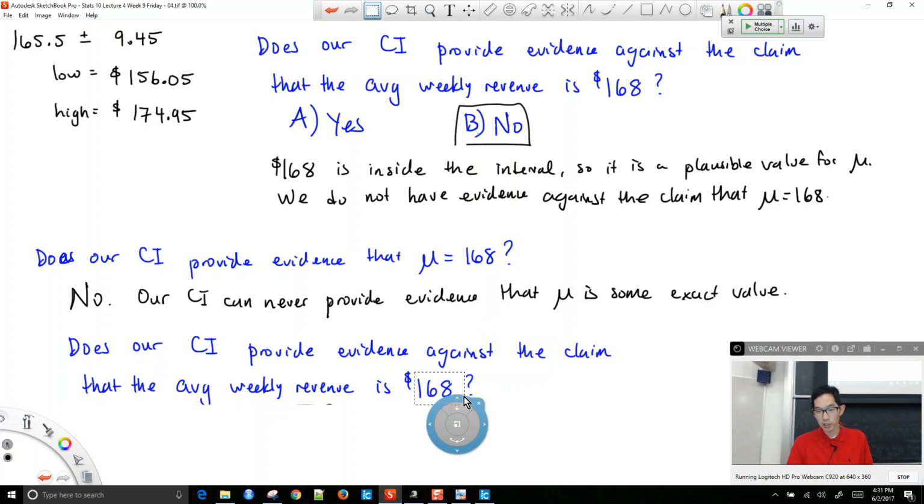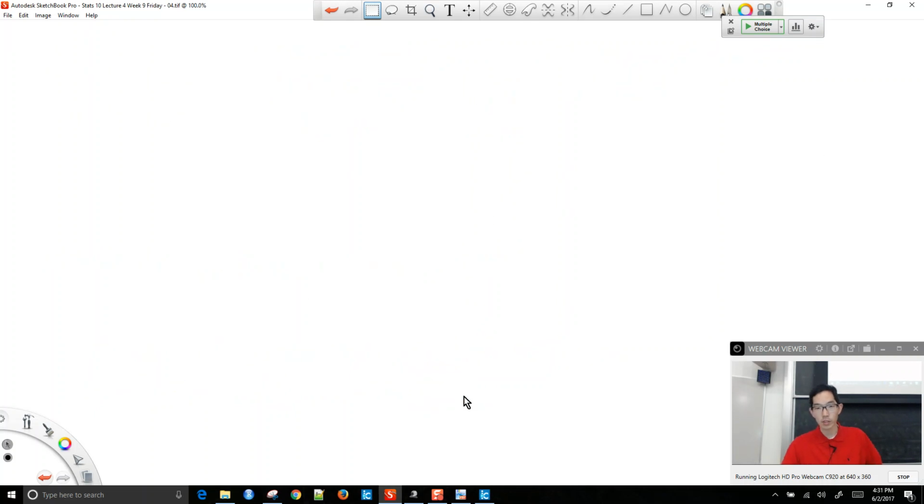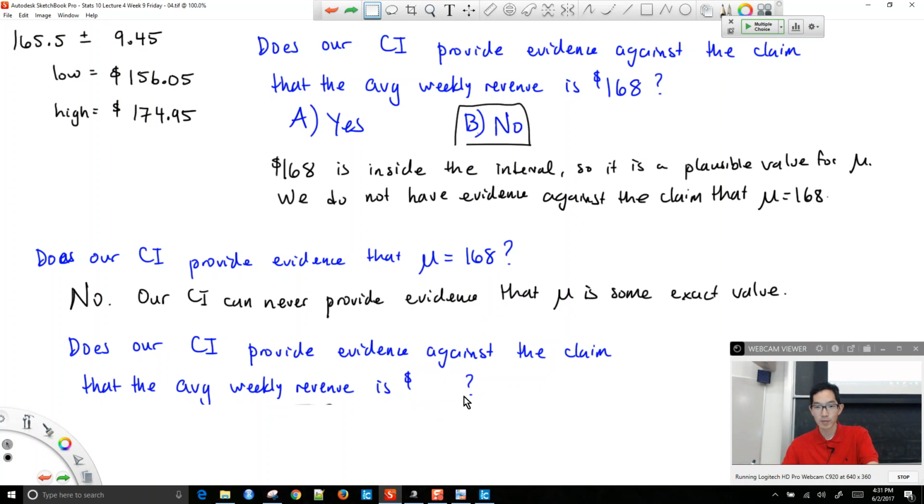Okay, and then let me just change this. This last question is the same as the top one, except it's going to say, does our confidence interval provide evidence against the claim that the average weekly sales revenue is, and we'll do some other number, 180, okay? And the answer here would be yes, okay? 180 is not inside our interval, or 180 is outside of the interval.